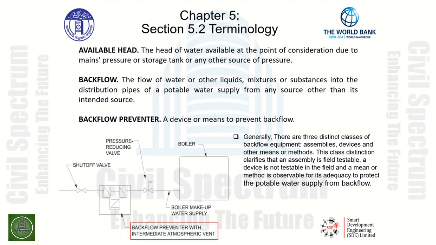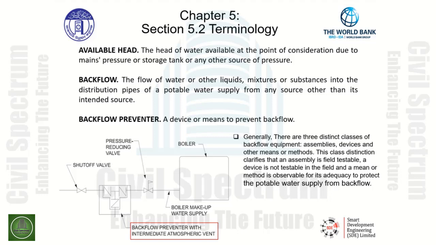Available head is defined as the head of water available at the point of consideration due to mains pressure or storage tank or any other source of pressure. Backflow is defined as the flow of water or other liquids, mixtures, or substances into the distribution pipes of a potable water supply from any source other than its intended use.